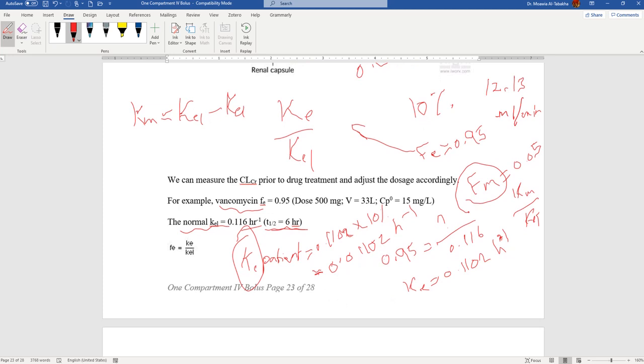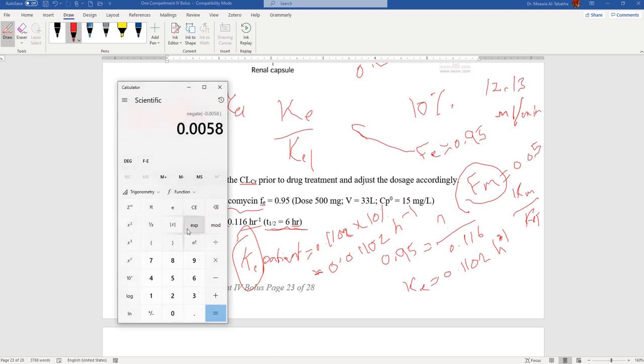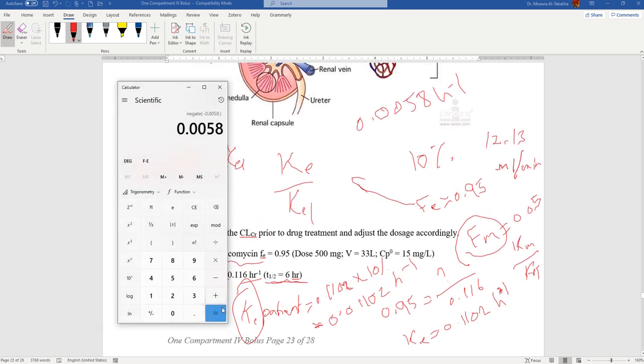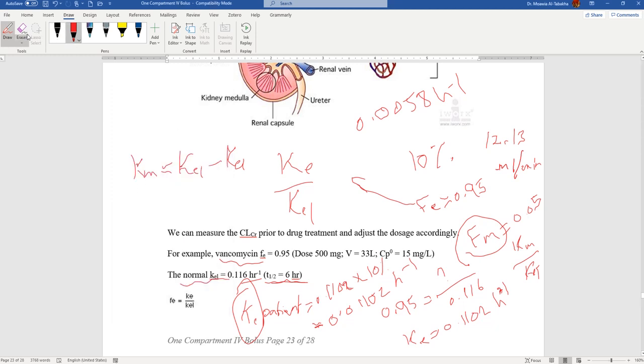If I add them together, what will I get? 0.0058, which is KM, plus 0.01102. What does this give me? It's giving me the KEL of the patient, 0.01682.